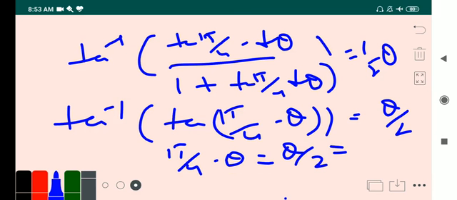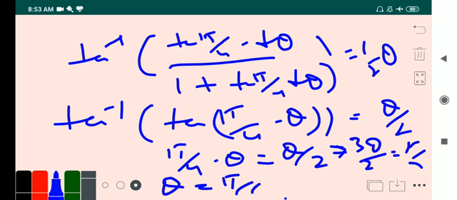We can say theta plus theta by 2, so 3 theta by 2 equal to pi by 4. So on solving we have theta equal to pi by 6.